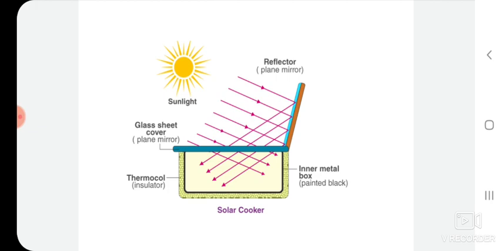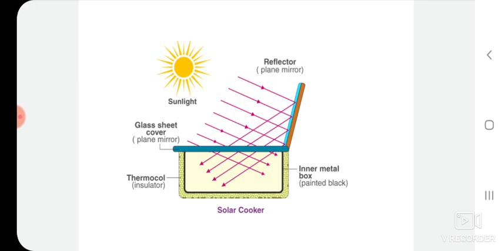Second one is the glass cover. A cover made of 2 sheets of toughened glass held together in an aluminum frame is used as a cover for the box to protect against heat loss. Next, the plane mirror reflector.